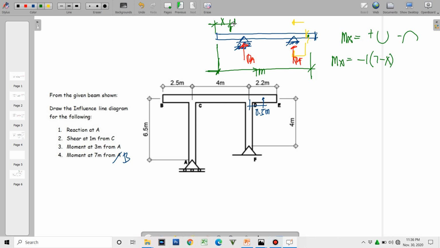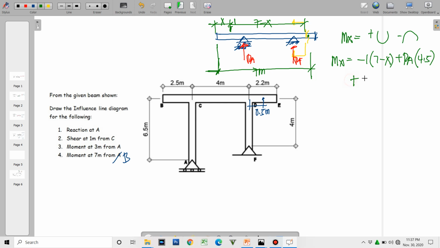If this is x, this is 7 minus x, of course. And then RE, we have a distance of 7 minus 2.5, and that is equivalent to 4.5.